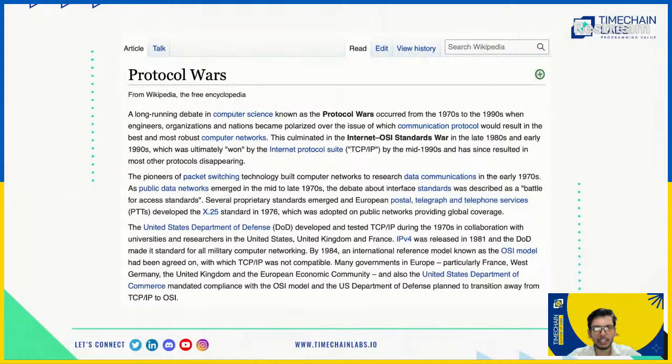Finally, it was settled by the US Department of Defense coming and launching the internet protocol. A similar thing is expected to happen in the blockchain ecosystem as well, where some standards are going to develop after the internet OSI wars.